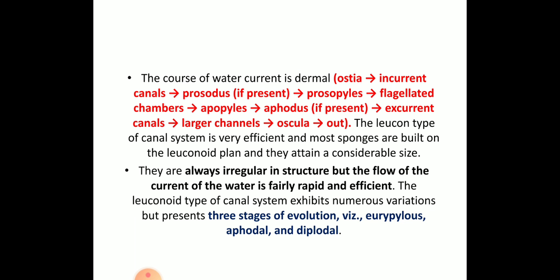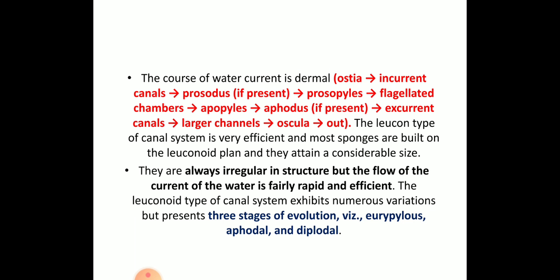They are also irregular in structure because the small chambers which are growing inside make space between them, and the canal system will be irregular in shape, leading to the irregular structure, and the flow of water is fairly rapid.